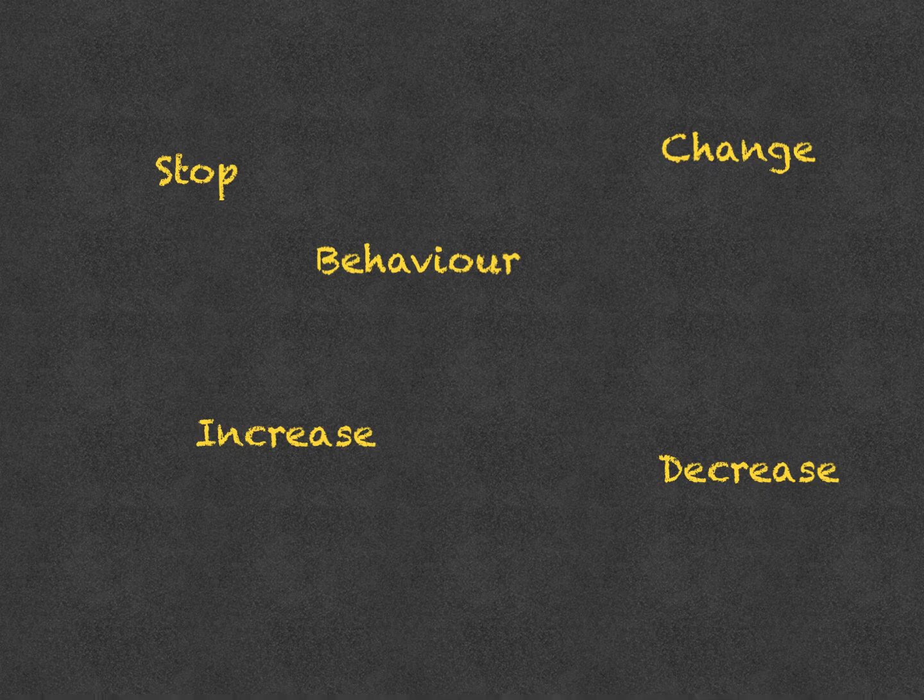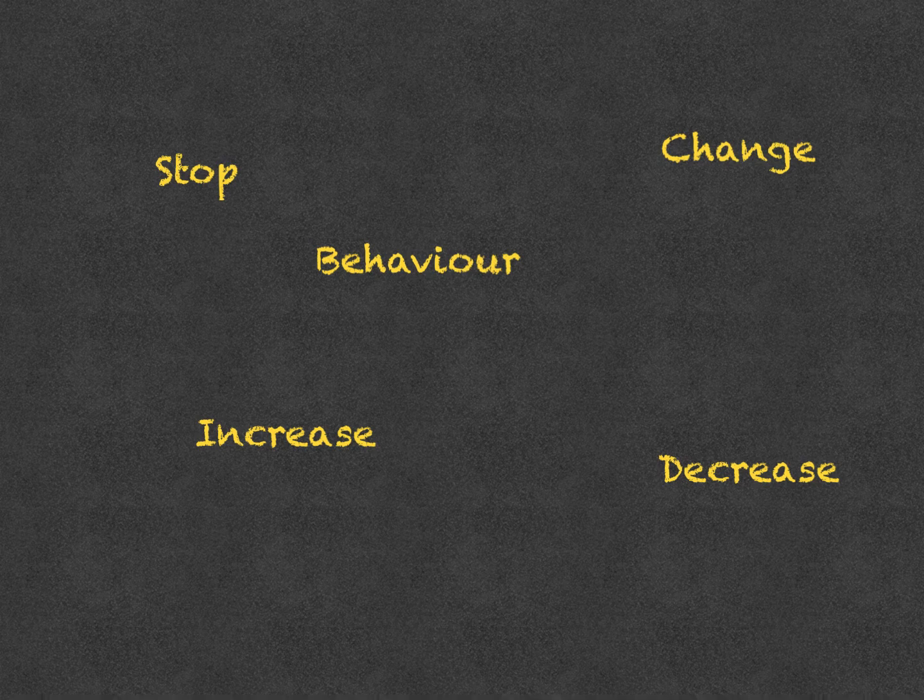Okay, so in a nutshell, the behaviourist approach is concerned with behaviours. It either wants to increase or decrease the behaviours, change them completely or stop them. Sometimes it will create behaviours or diminish them. This is all achieved through our external factors.